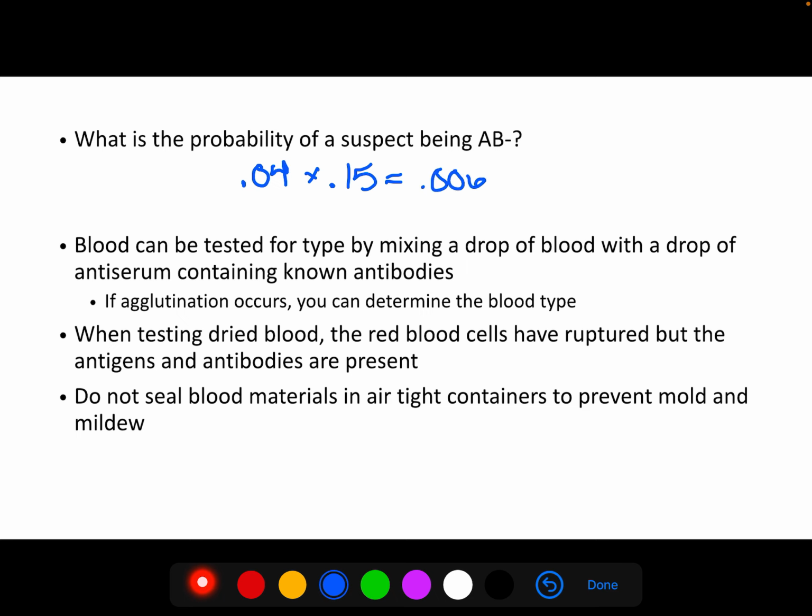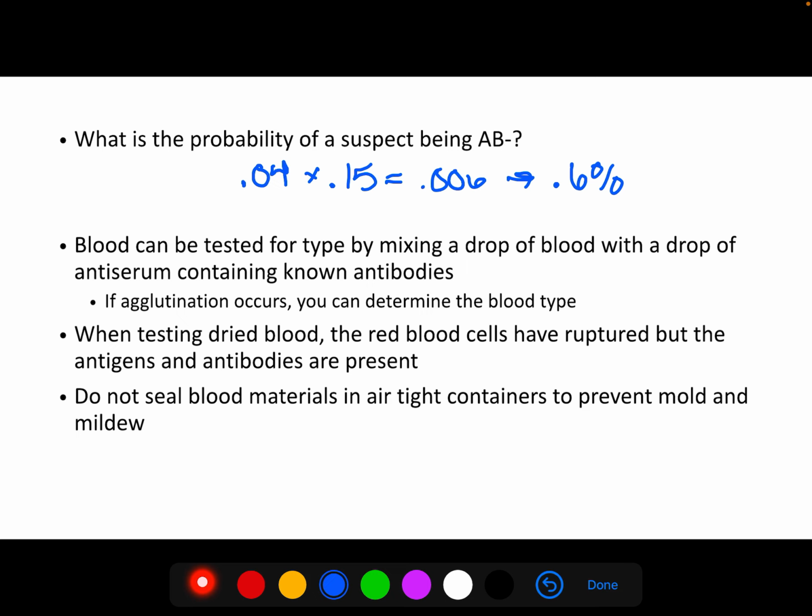So move the decimal over twice. That is 0.6% of the population that is AB negative. So if we happen to find AB negative at a crime scene, there's probably not likely to be more than one person in our suspect pool that is AB negative. So yet again, that can exclude a bunch of people from our suspect pool.